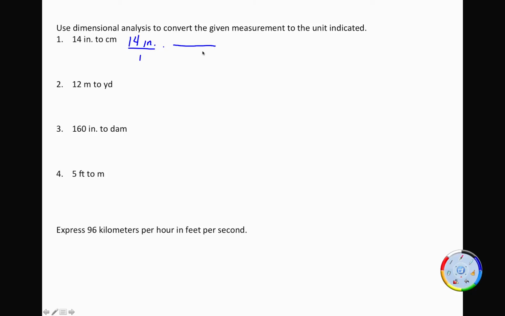Well, I know that 1 inch is 2.54 centimeters. So my inches will divide out, and 14 times 2.54 is 35.56. And I'm now in centimeters.